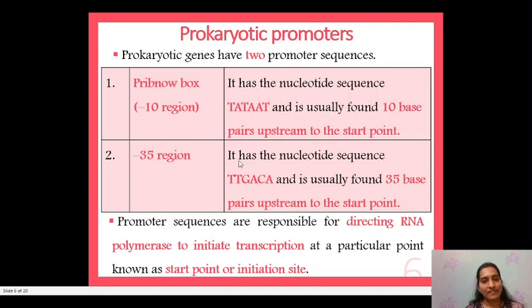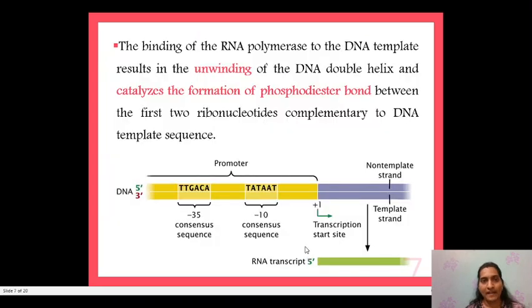At the -35 region, it has the nucleotide sequence TTGACA, located 35 base pairs upstream to the start point. The promoter sequences are responsible for directing your RNA polymerase to initiate the transcription at the particular start point. And this shows you the role of the core enzyme, that is your four subunits.